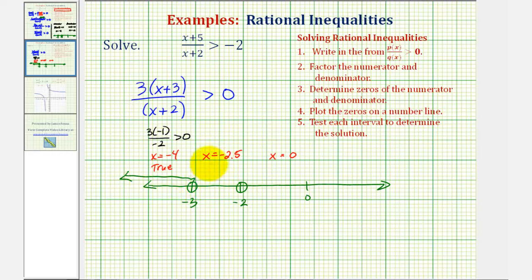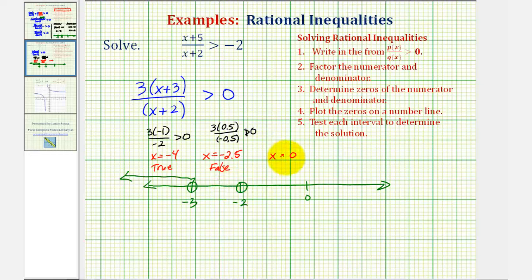And now let's test x equals negative 2.5. If x is negative 2.5, we would have 3 times 0.5 divided by negative 0.5. Well, this would be negative, and therefore it's not going to be greater than 0, and therefore this would be false. This interval here is not part of the solution.